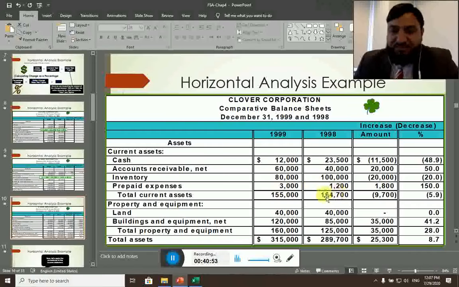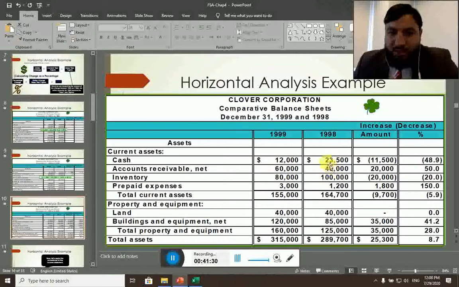You can see there is an increase of 150% in the prepaid expense, meaning we have paid for certain expenses in advance, and that's why there is an increase. Total current assets, there is a 5.9% decrease, and that's due to the cash, and that's due to the accounts receivable, right?